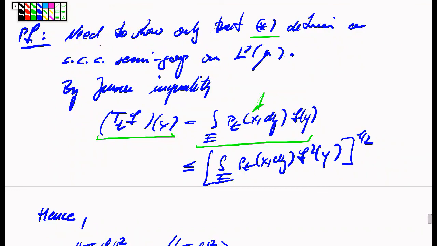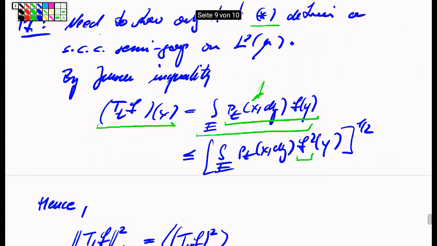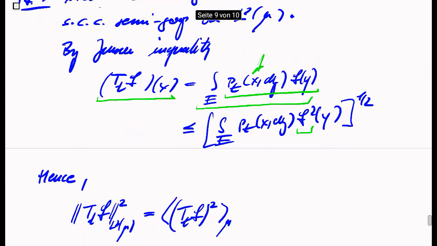So for fixed x, this is taking the expectation of the function f with regards to the probability measure induced on E through this kernel. And for probability measures, I have a Jensen's inequality or Hölder inequality, which tells me that this integral is less or equal to integrating the square of the function f and taking the square root of that integral. This is Jensen's or Cauchy-Schwarz or Hölder inequality. And this is the important step.